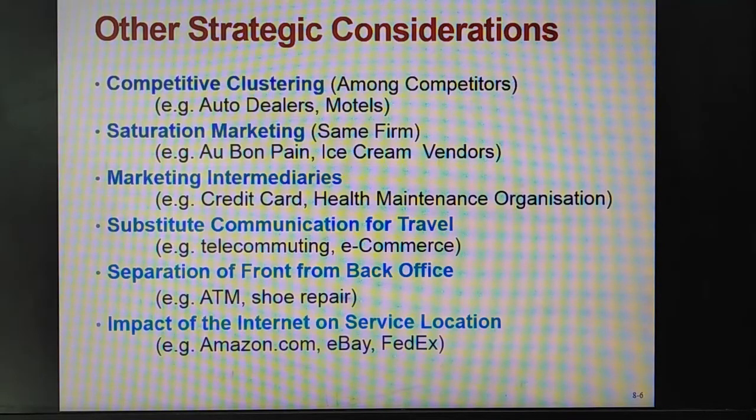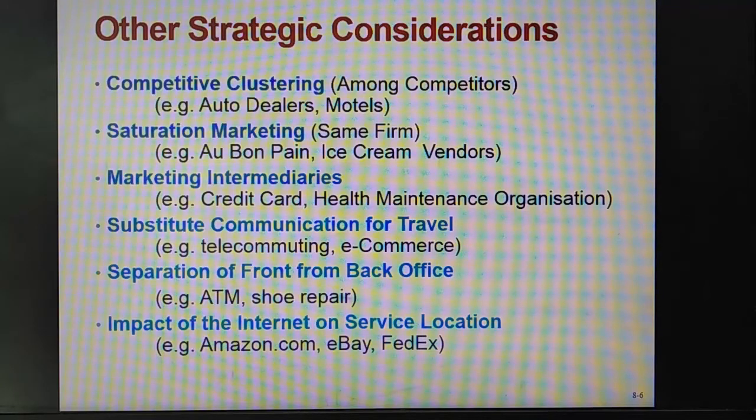The third strategic consideration is marketing intermediaries. What are some marketing middlemen that will support your business? For example, banks or credit card services, or for example, a hospital as a health maintenance organization. That will also make your consideration more strategic.